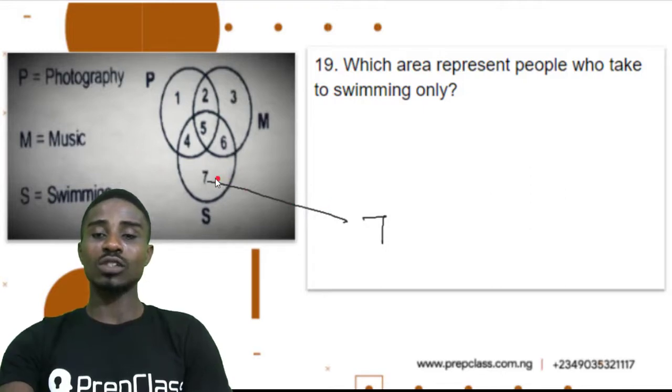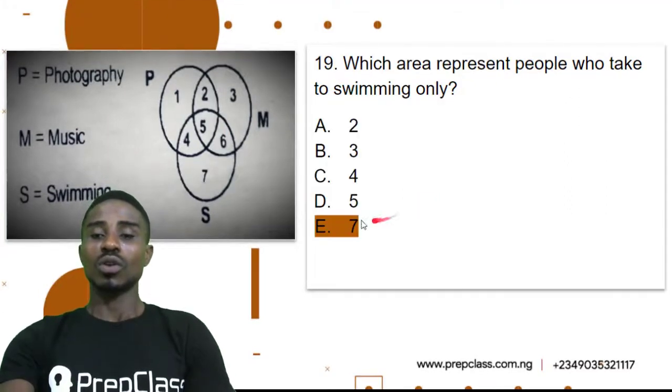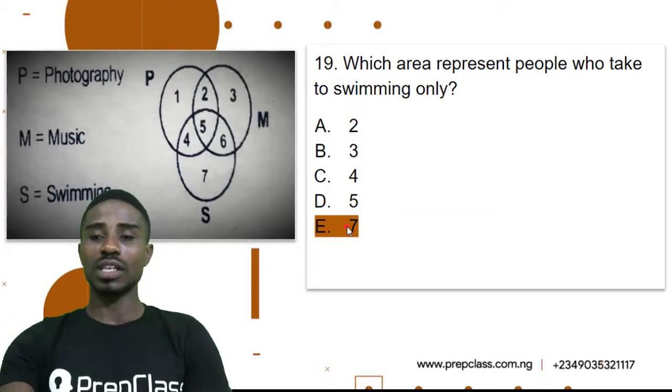So our answer to question 19 would be 7. 7 is the only area that has to do only with swimming and not photography nor music. All right, let's check it out. Question 19, option E, 7 is our correct answer. Okay, let's move on to the next one.